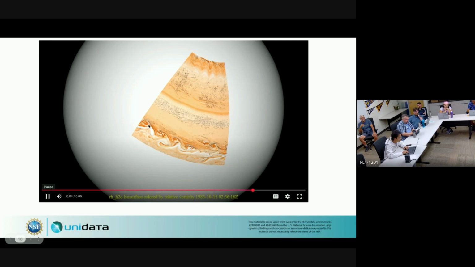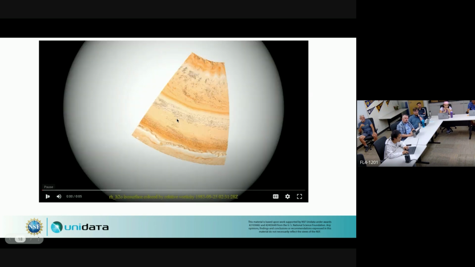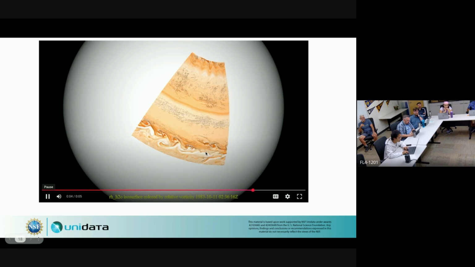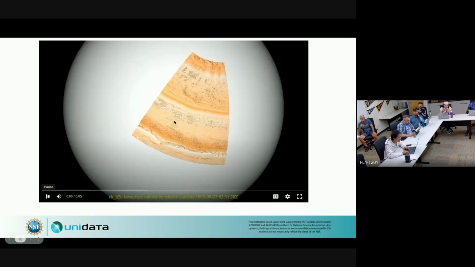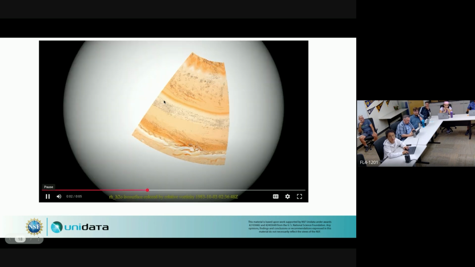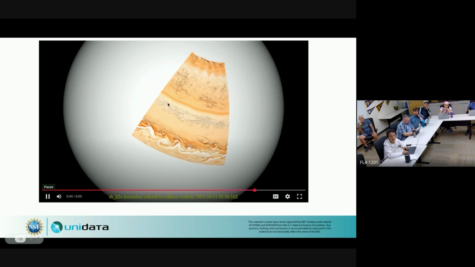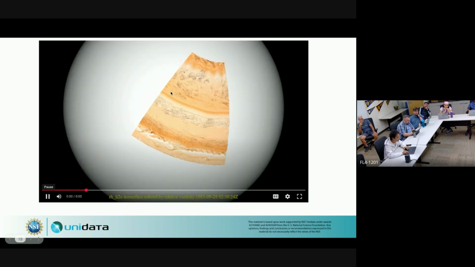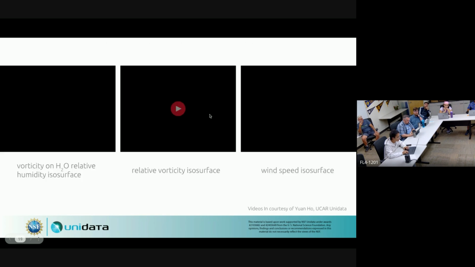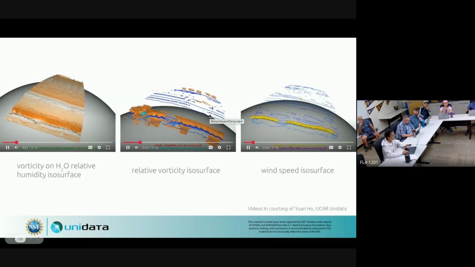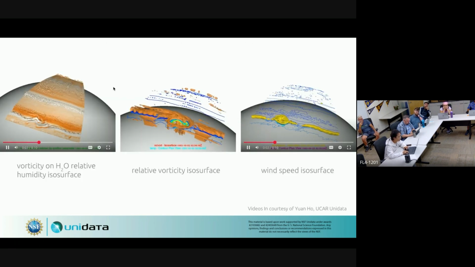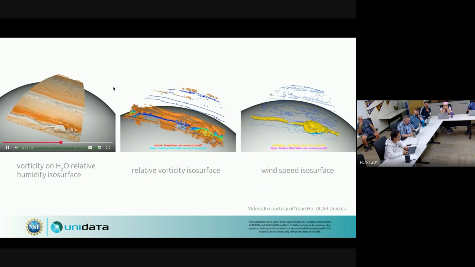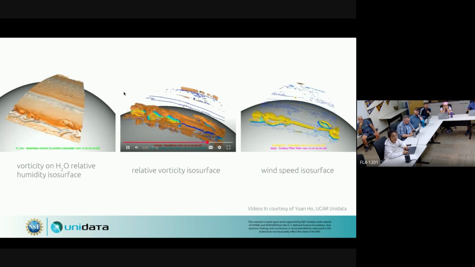You can clearly see the vortices and the plume traveling eastward, and also the characteristic band and zone structure. Here, some parts are traveling east, some parts are traveling west, and here you can see this is some very interesting simulation made by Yuan.